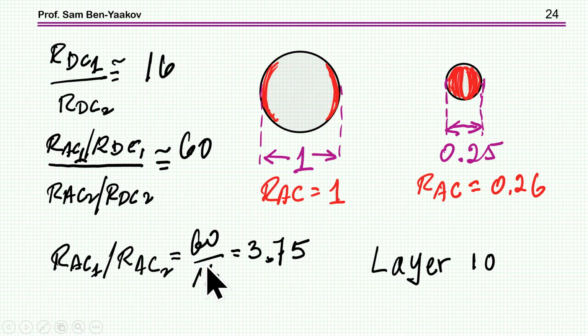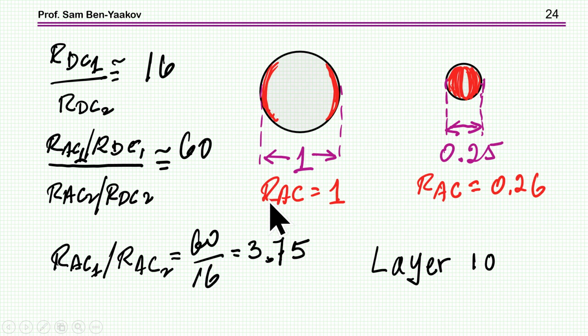So what does it mean? It means that RAC for the larger wire was 1. This is sort of a normalized value. And when I reduced the cross section of the wire to 0.25, fourfold, RDC went up by 16, but I gained by RAC over RDC 60. So consequently, RAC will be 0.26.